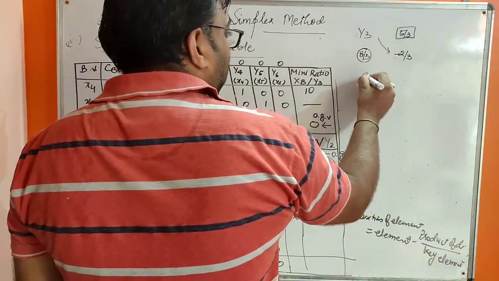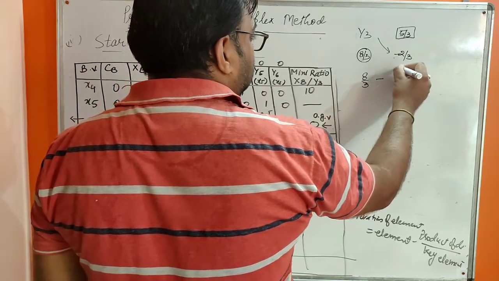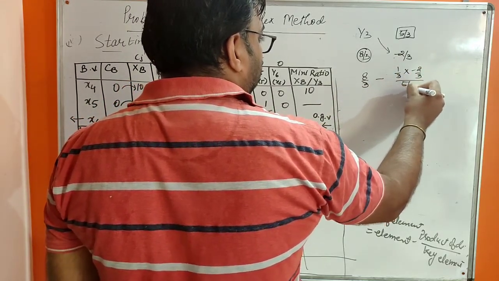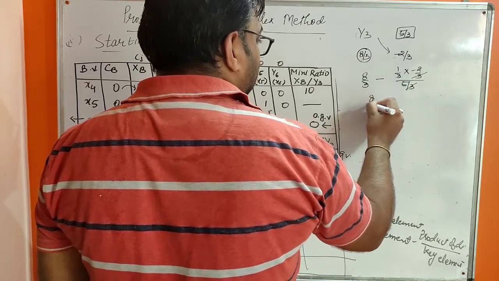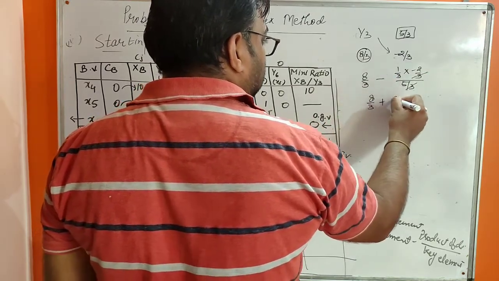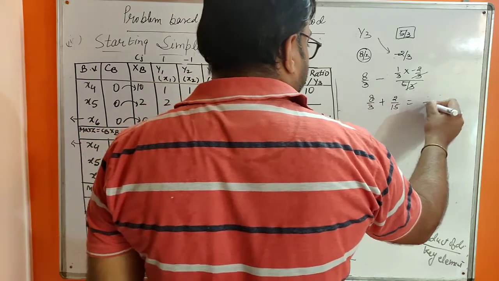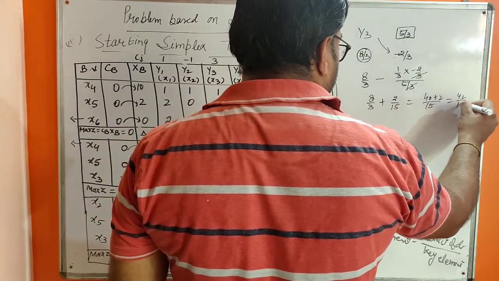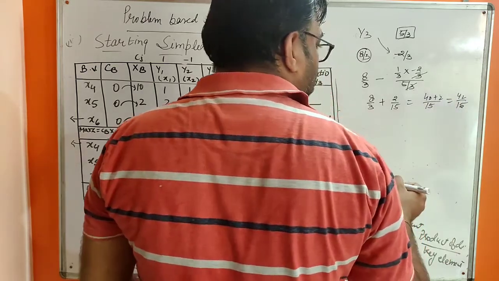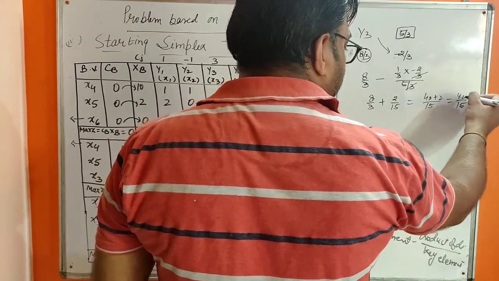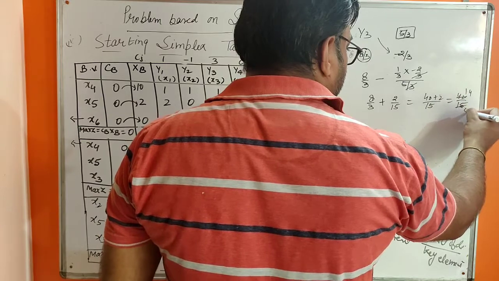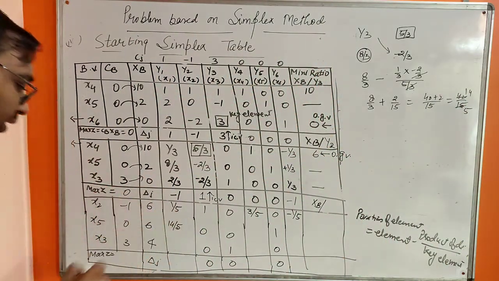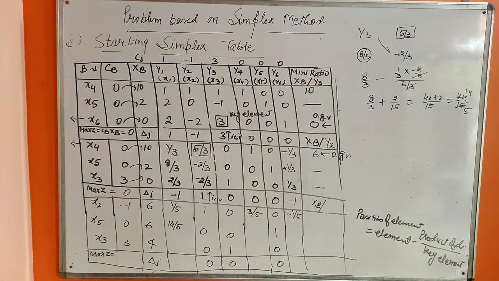So 8 by 3 minus 1 by 3 into minus 2 by 3 upon 5 by 3. Cancelled. 8 by 3 minus minus plus 2 by 15. 15 LCM: 40 plus 2, that is 42 by 15. So this will be 14 by 5.